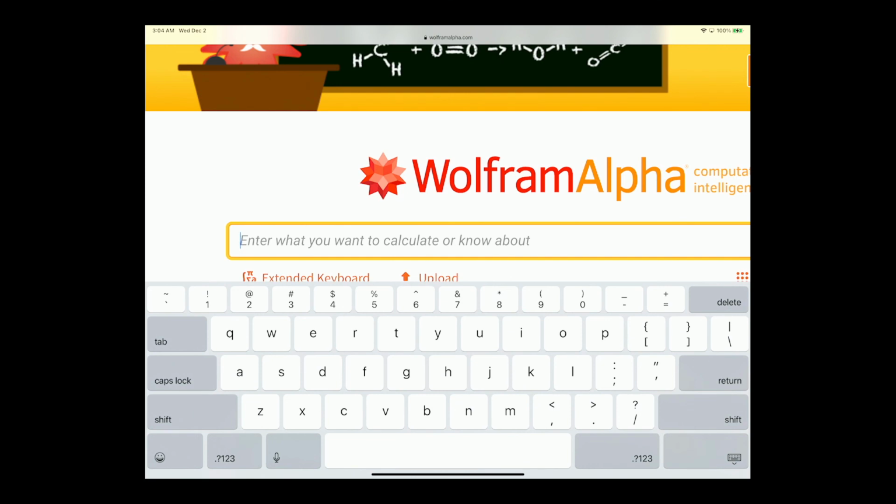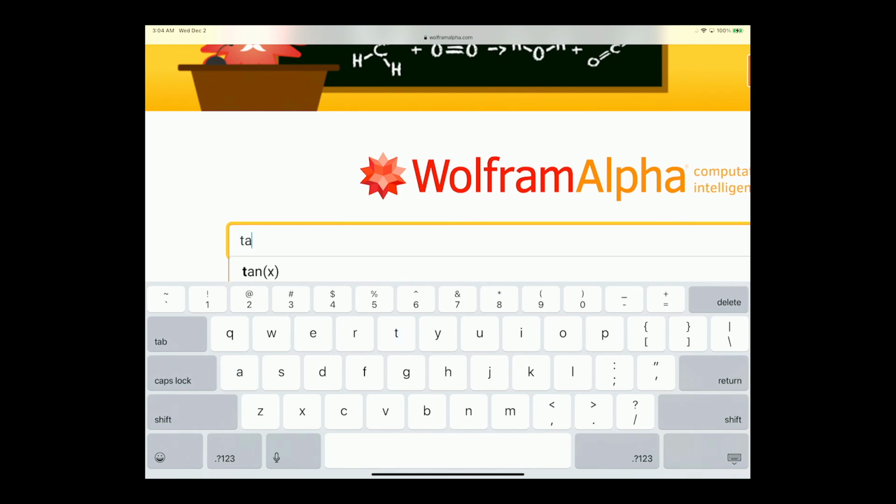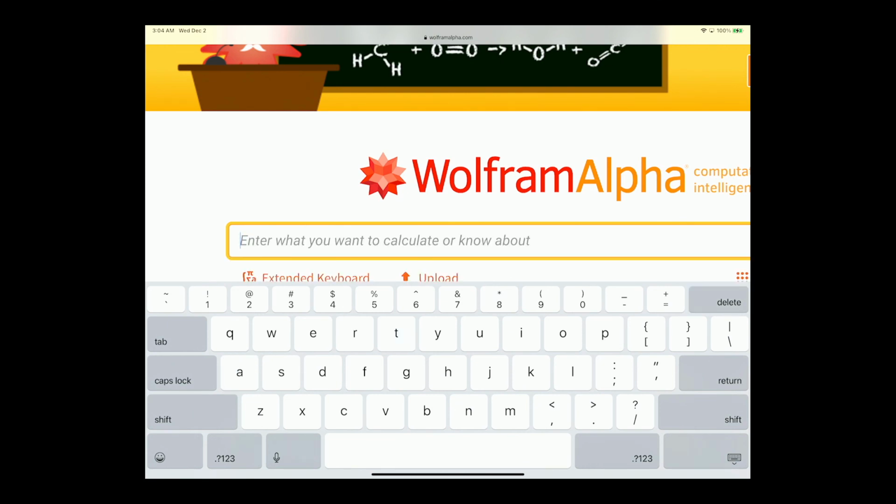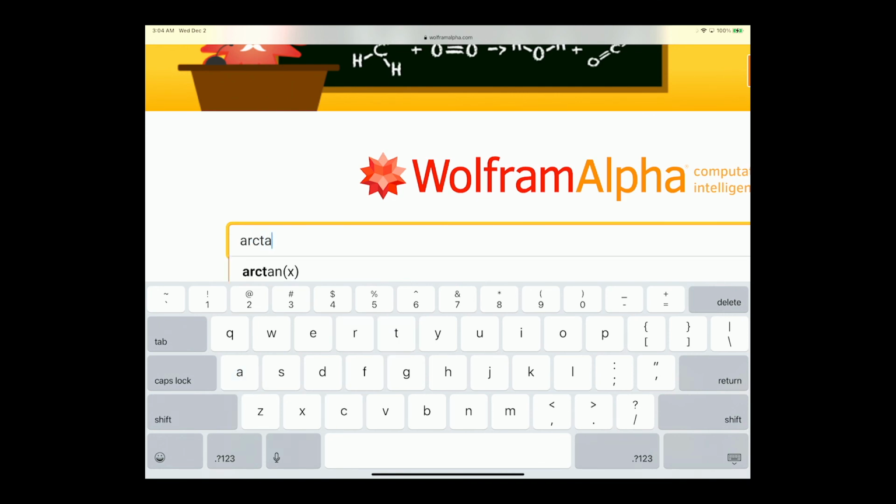You could say arctan, probably how you want to do it, of y over x, which was 6 over -4 or -4 over 6. I don't remember, but it doesn't matter. It's going to be the same thing, right?